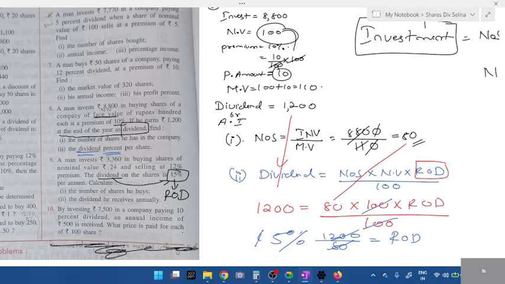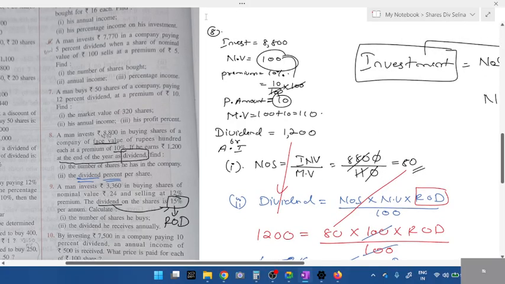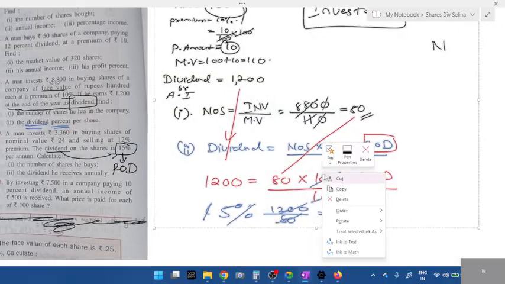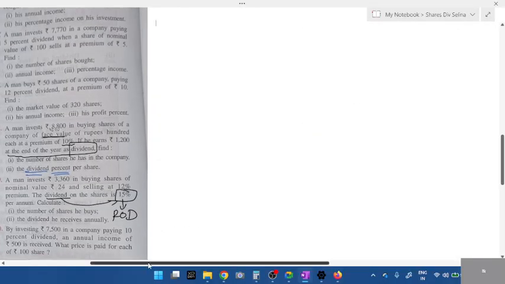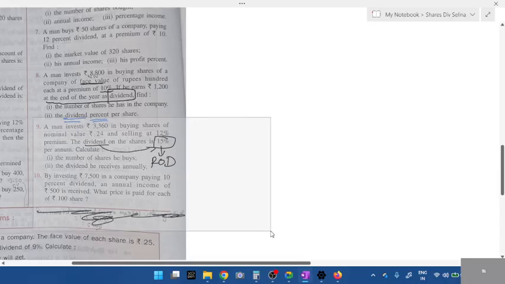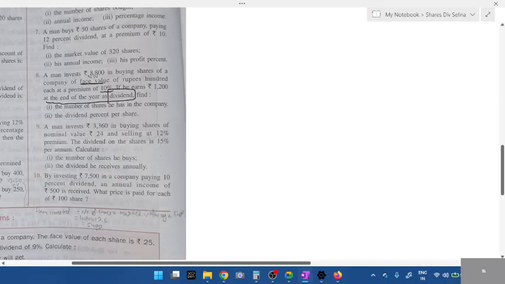Market value for which one do? Ninth one? Yes. Ninth or tenth? Ninth. Okay. Man invests. What is investment? 3360 shares.